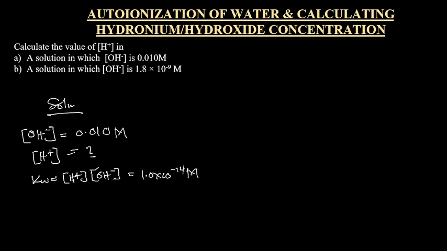So H plus here will be equal to 1.0 times 10 exponent minus 14 divided by what we are given for the hydroxide concentration, which is 0.010, and this will give us 1.0 times 10 exponent minus 12 molar.